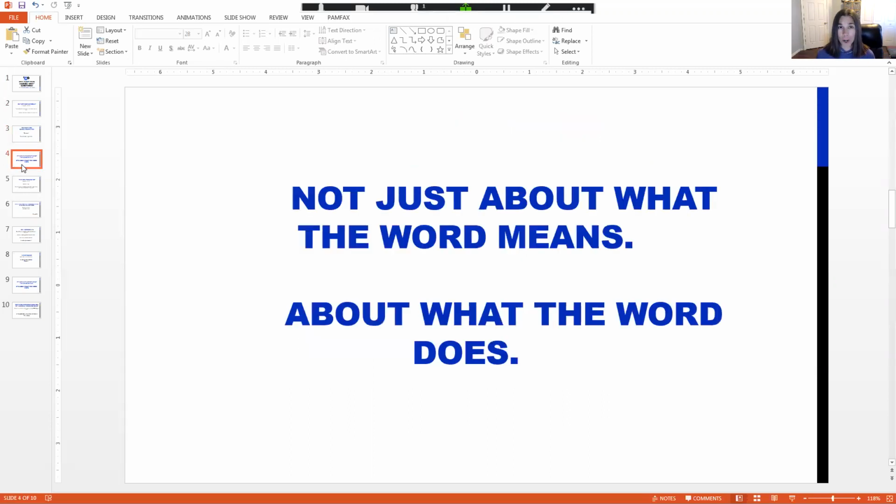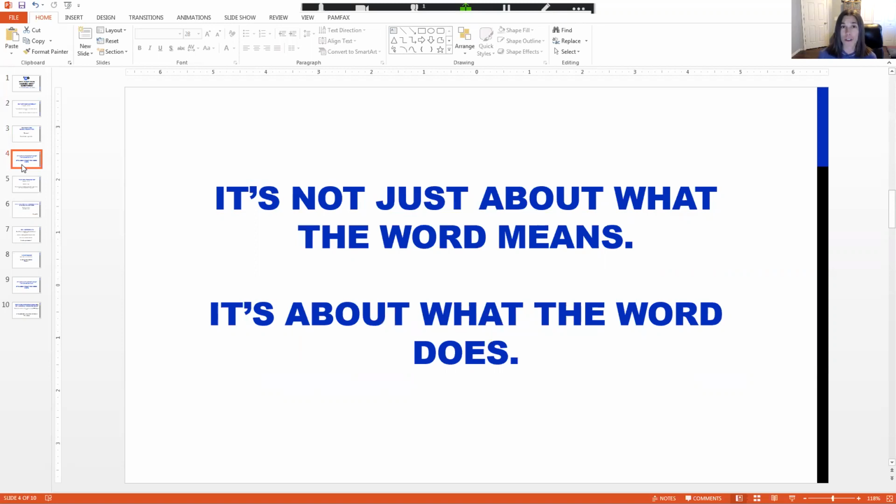So remember that when it comes to words like because, and specifically these types of conjunctions that explain relationships, it's not just about what the word means. When we talk about vocabulary, a lot of times we want to explain meanings, but we also have to understand functions. So it's not just about what these words mean, but also about what they do.